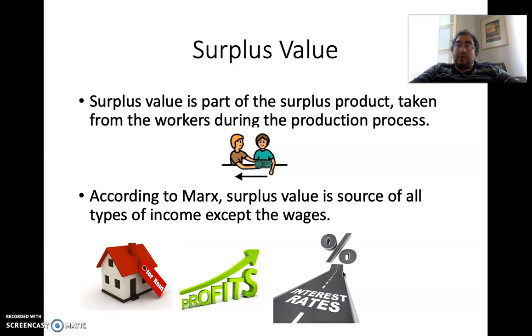Money is just giving the buying power to the people, but in the end, the actual increase in what we can produce is happening in the production process.